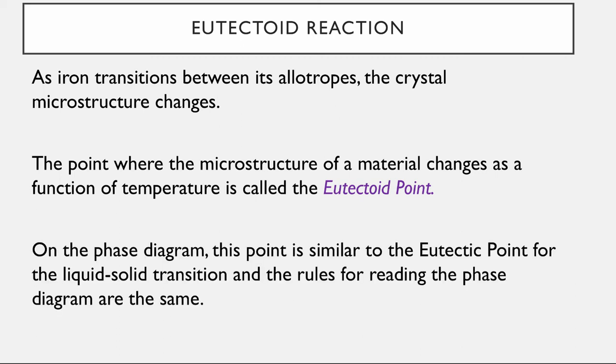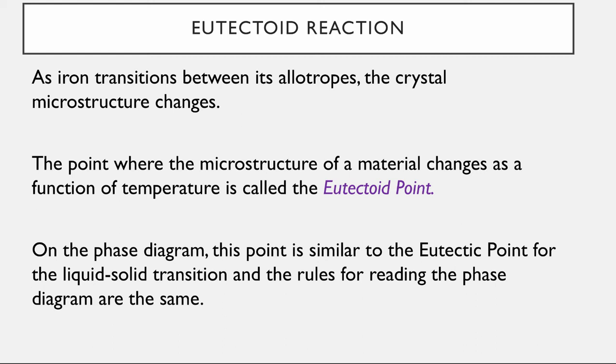And it turns out that if we're looking at a phase diagram, the eutectoid point is actually really similar to the eutectic point that we learned about in insoluble phase diagrams, where we transition from our combined liquid solid 100% to solid.